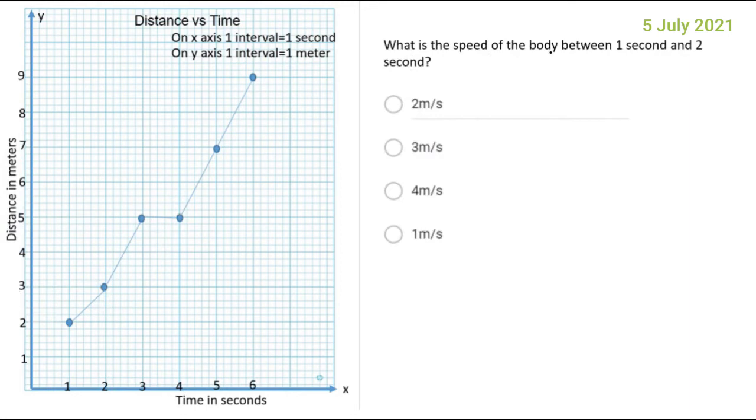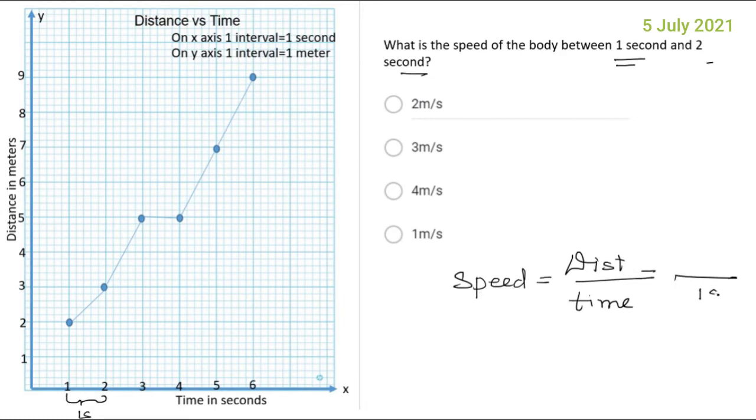What is the speed of the body between 1 second and 2 second? This is just to test whether we know how to find out the speed. And we all know that speed can be found by a formula: distance covered by time, right? Between 1 second and 2 second, you can see in the graph how much is the time taken? 1 second.